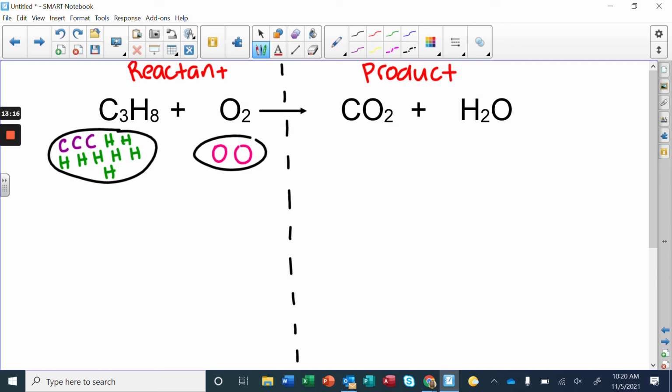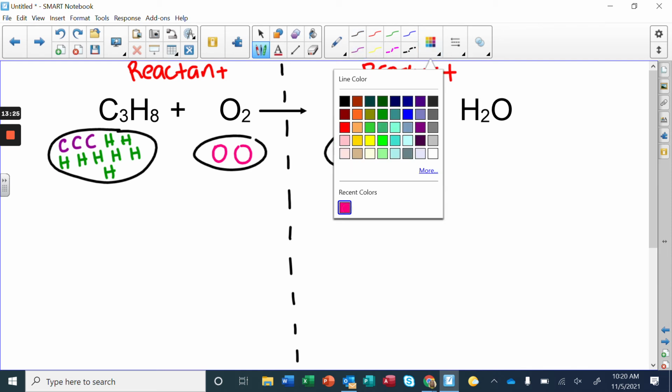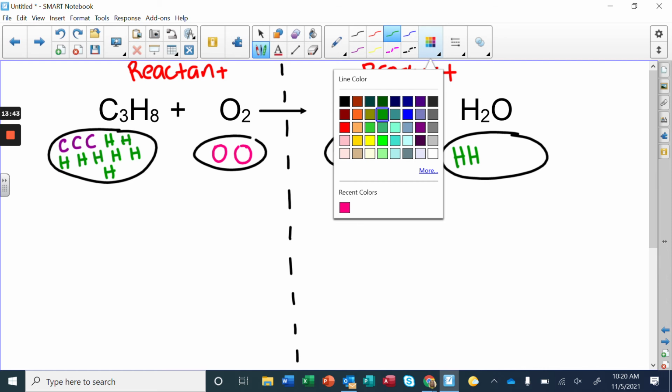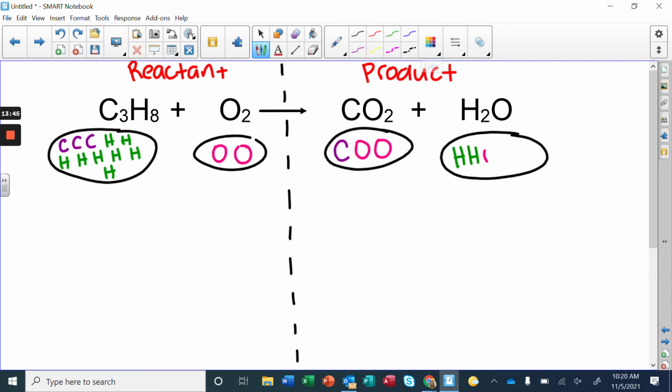I have 1, 2. Go to the product side. We have carbon dioxide, carbon, 2 oxygens. And then we have hydrogen. We have 2 hydrogens and 1 oxygen with our water. All right, here we go.